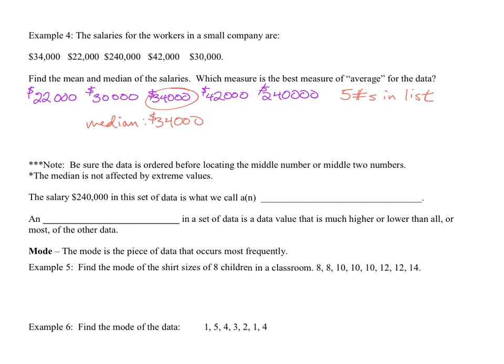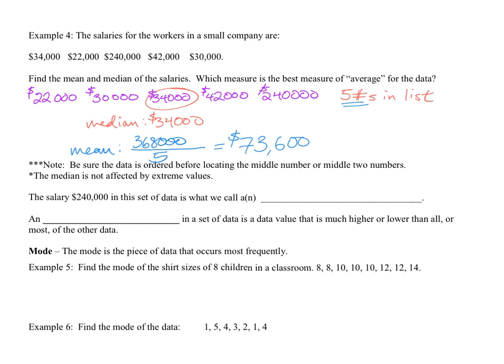The mean, on the other hand, you have to add up all of these values. You'll get 368,000. You'll divide it by 5 because that's how many numbers are in the list, and you'll get $73,600.